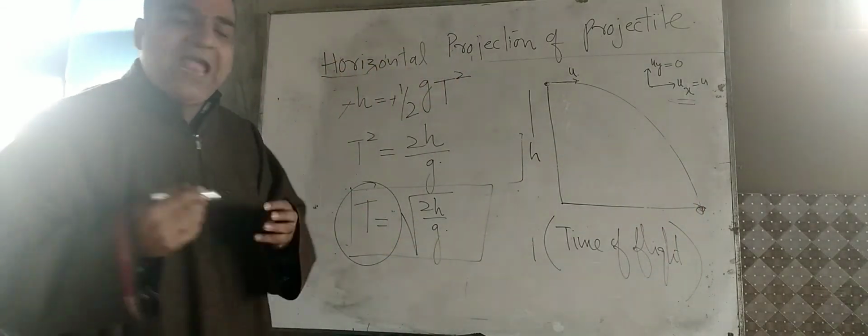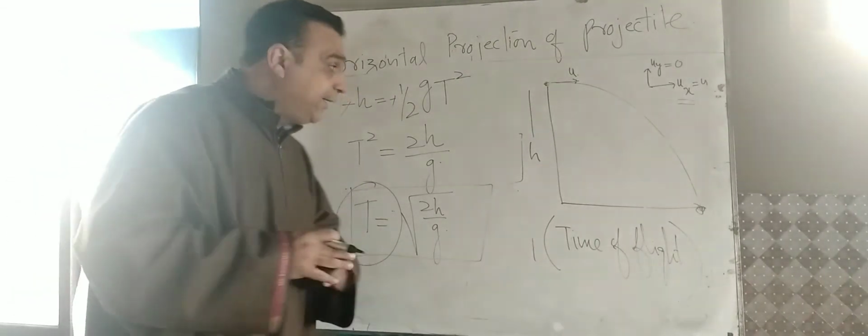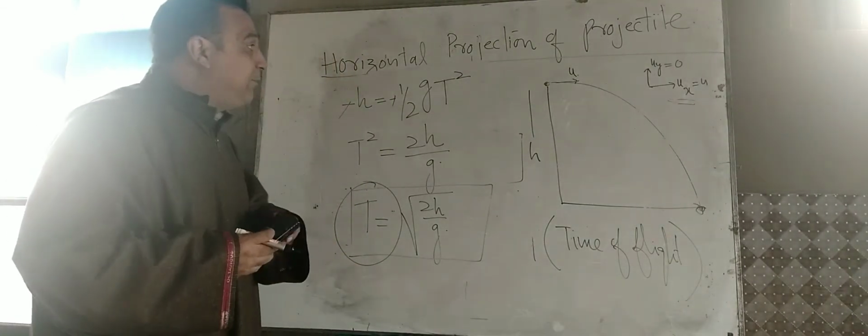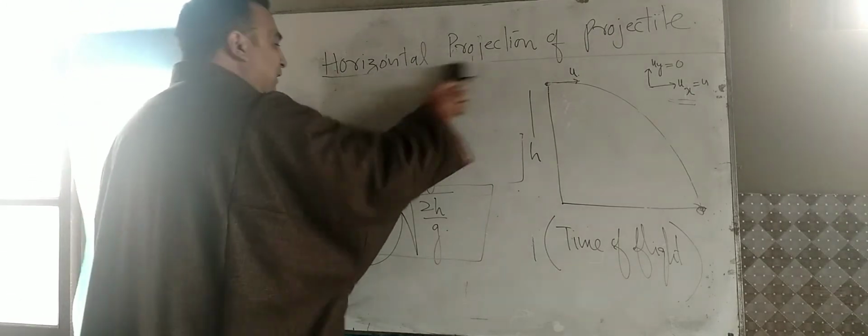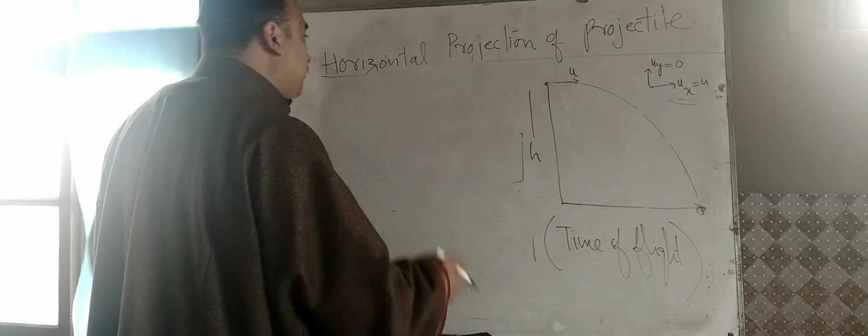That means their time of flight will be same. Now moving on, we have calculated the time of flight. The next important thing that we would like to discuss is the range.